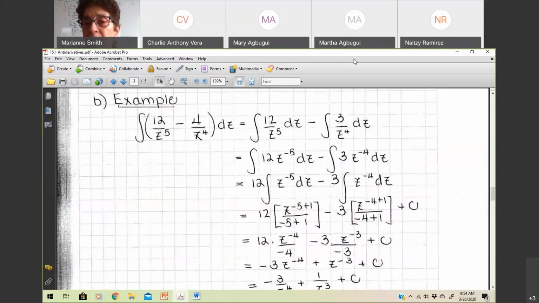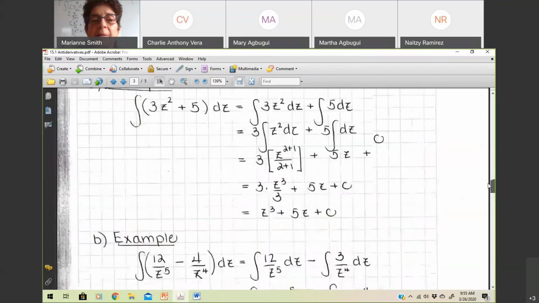I'm just repeating the same rule over and over again, the power rule for integration. But this one has a lot more algebra involved in order to make it work. So I'll give you a minute, ask some questions in the chat. The first example. Sorry, Mary. Go up here.